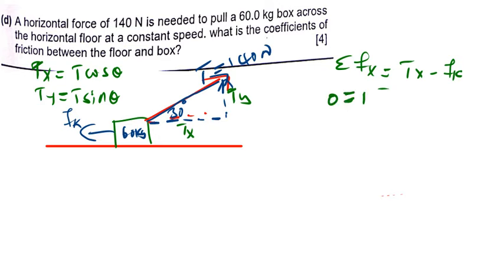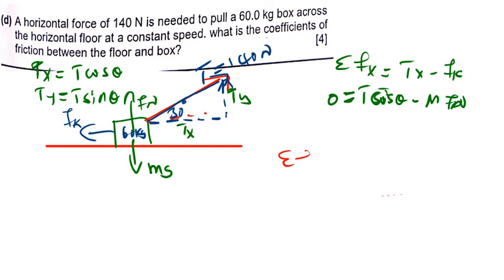So this is going to be replaced by 0, this is going to be T cos theta, then this is now mu times the normal force. But what is the normal force in this case? If it was applied at an angle, the normal force in that case is not mg. No. So here there is normal force, there is weight force here, which is mg. So I will say the summation of forces in the y-axis, for me to make Fn the subject of the formula.